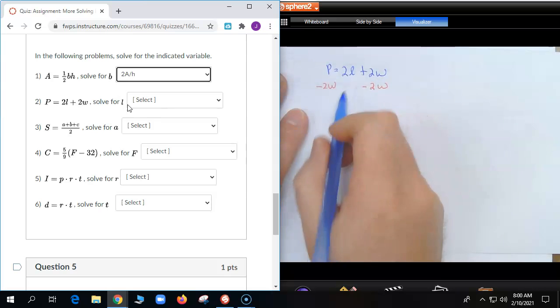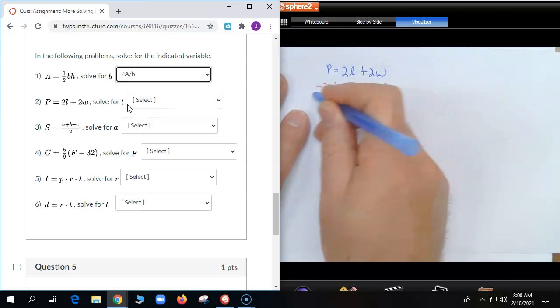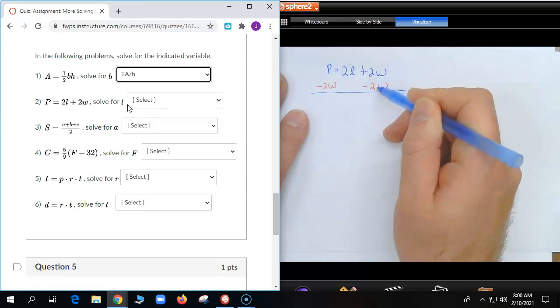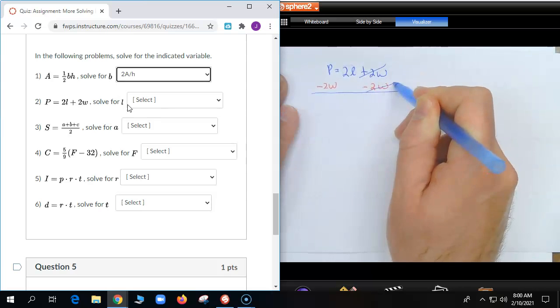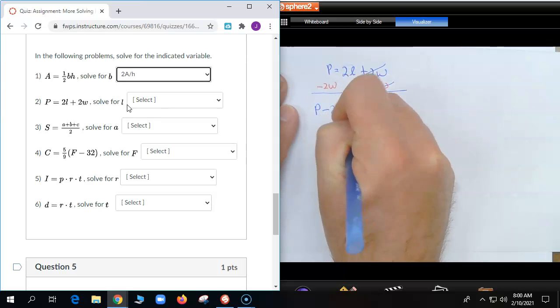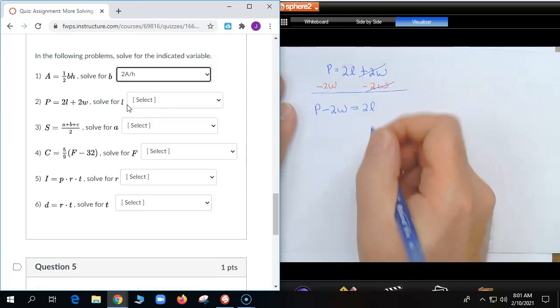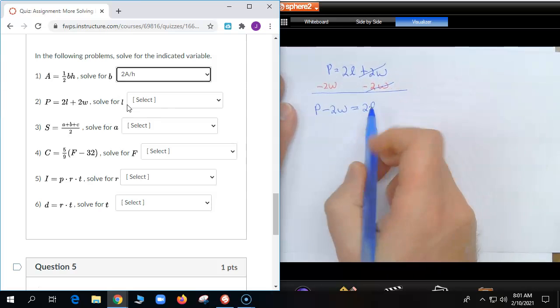The reason we do that is so we can get the L alone by itself. When we do that, 2W and minus 2W cancel out, and we get P minus 2W equals 2L. I want to remind you that this is a times right here.